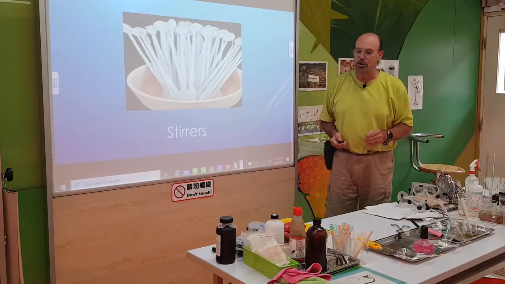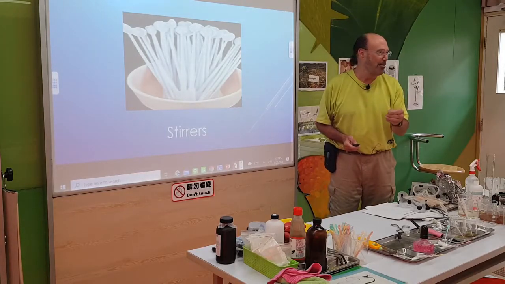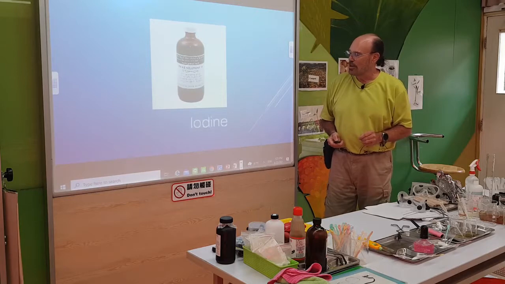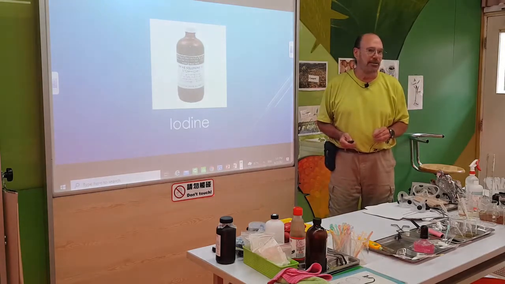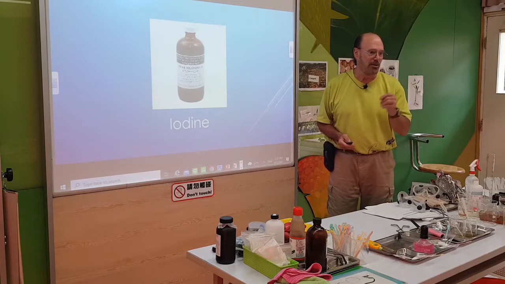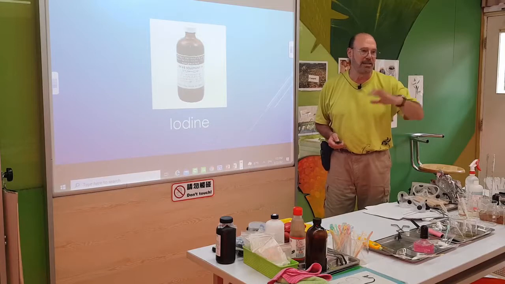We're going to use stirrers. They're like for coffee, you know, but we're going to use them for science. And we're going to use iodine. You know iodine? It's on your sheet, the translation on your data sheet, on the back, two sides.